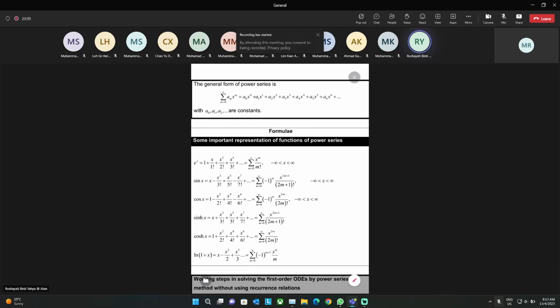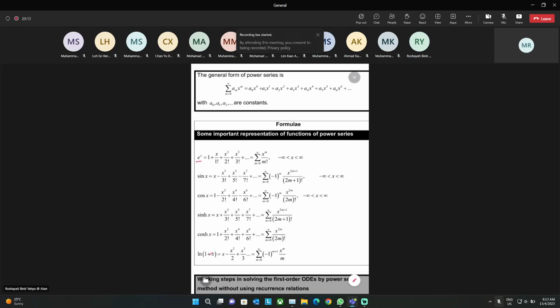For example, if you have exponential x, what you need to do in the question is, if you find your series of equation in the form of 1 plus x over 1 factorial plus x squared over 2 factorial plus x cubed over 3 factorial and so on, you can represent your equation in the end as exponential x.